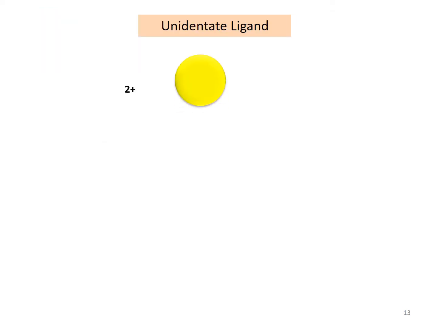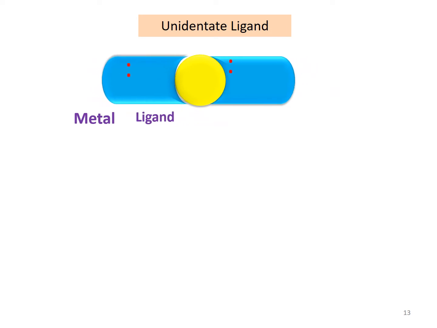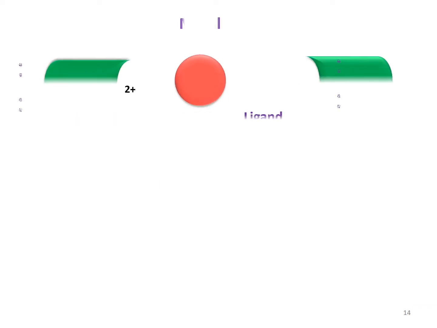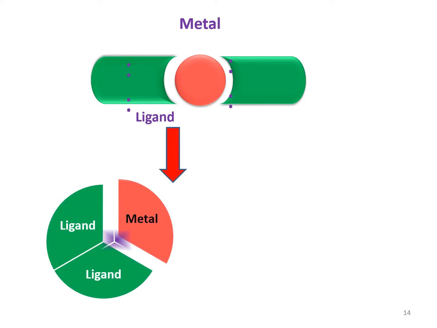Unidentate ligand, in diagrammatic form just to make it a little bit easy: for the central metal ion, one point of attachment forming the metal-ligand complex. On the other hand, a polydentate ligand forms a chelate.